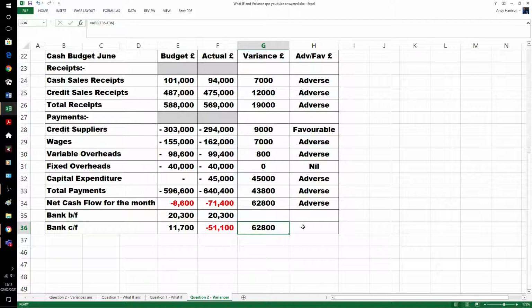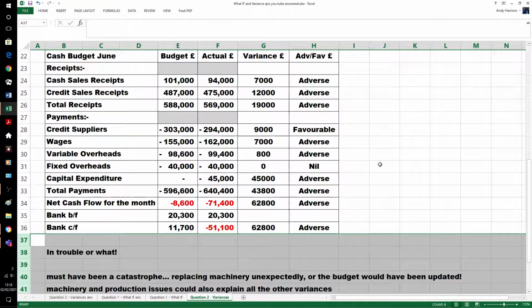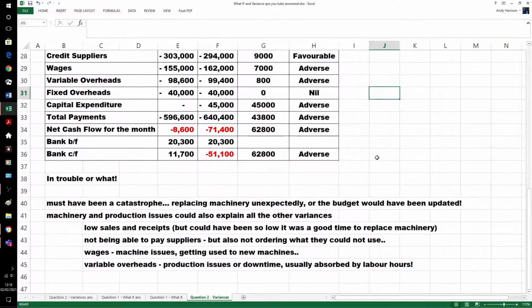In terms of our cash flow, it's the same number, and of course it's still adverse. So the calculations are straightforward. Don't worry about the pluses or minuses. Obviously I'm on a spreadsheet, that helps. So let's have a look at what's happened to this business, or what we can interpret. Well, they're in trouble or what? Yes, they've got problems.